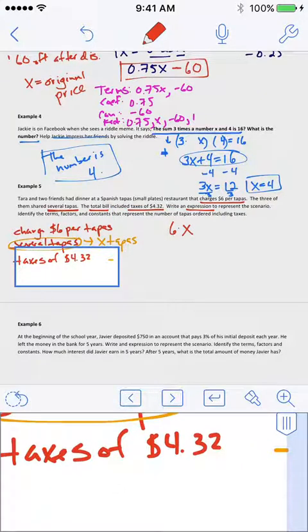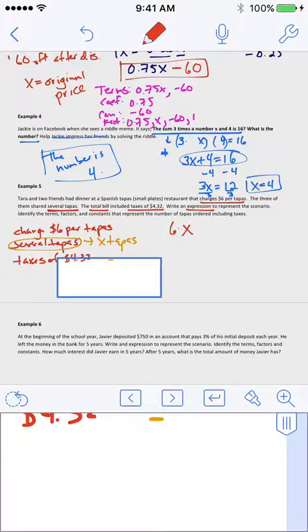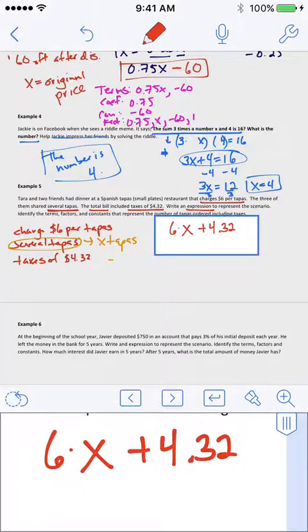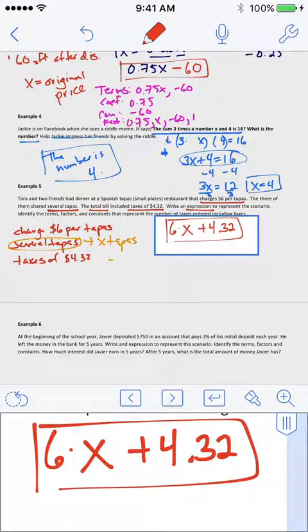The tax is already included in the bill. Usually tax does depend on your original price, but here it tells us that the total bill just included this tax of $4.32, right? So that's just included on the end. That's just the tax. And I have my expression: 6x plus 4.32.